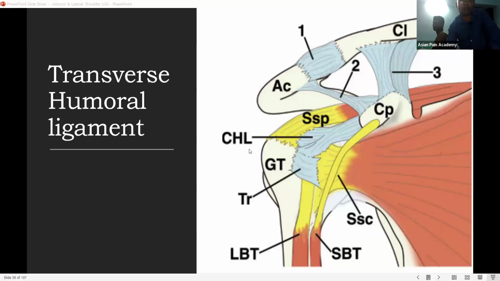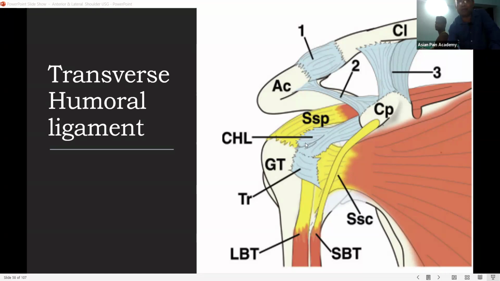Okay, so this thing I just tell you in a theoretical way. So this is the transverse humeral ligament. What is the transverse humeral ligament? You can see that the coracohumeral ligament ends at the most upper part.